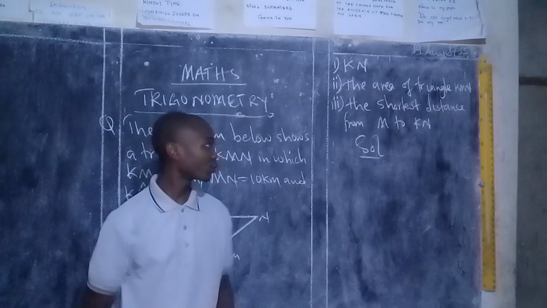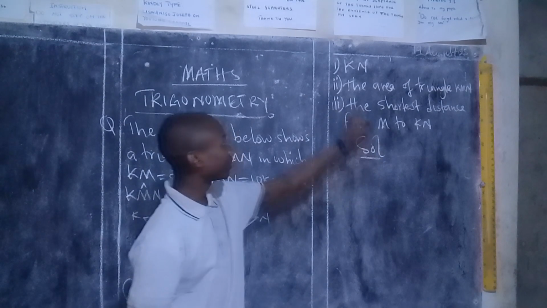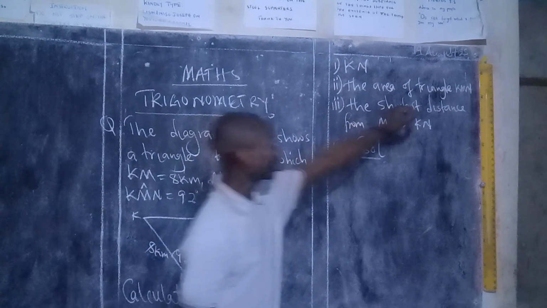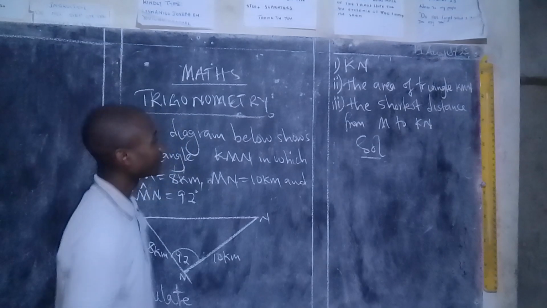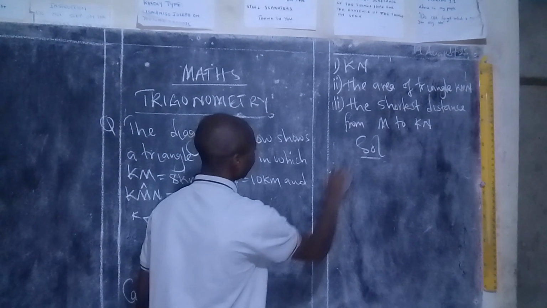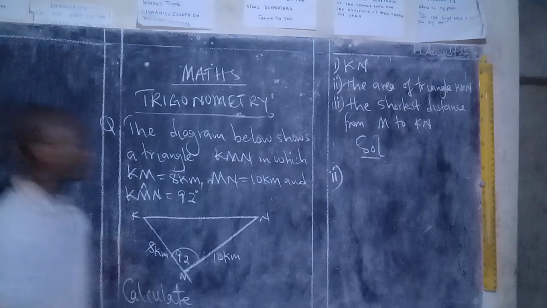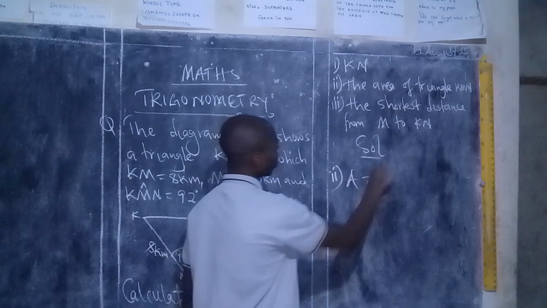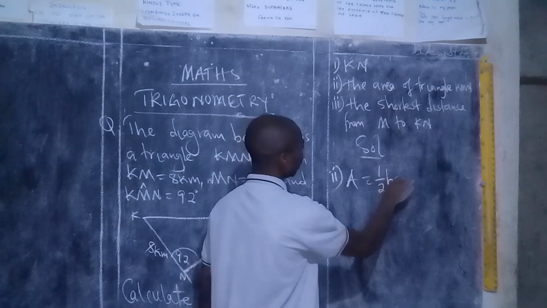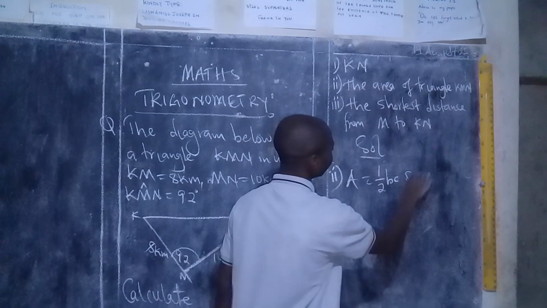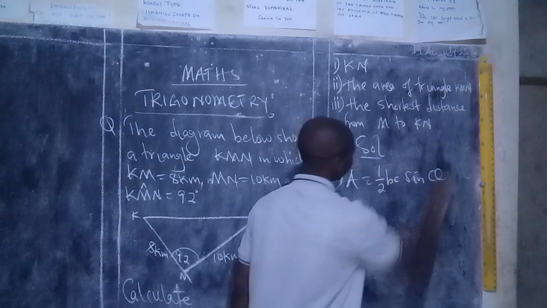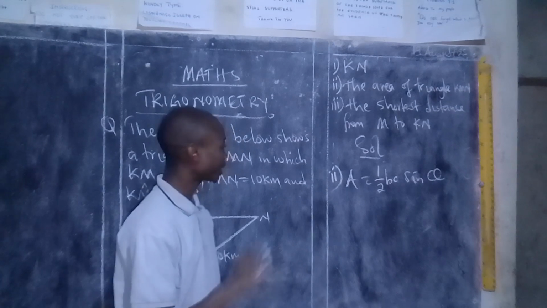Okay, let's now proceed to question number 2, which says calculate the area of triangle KMN. So that's number 2. For us to find the area, we come up with the formula: area equal to half bc sin theta. Since we have that formula, we can now start placing.